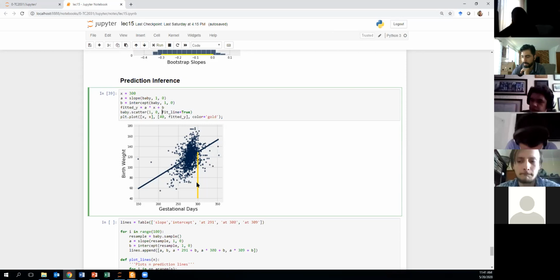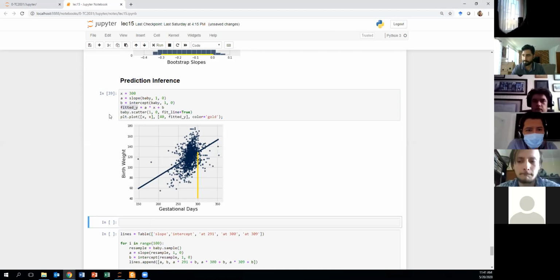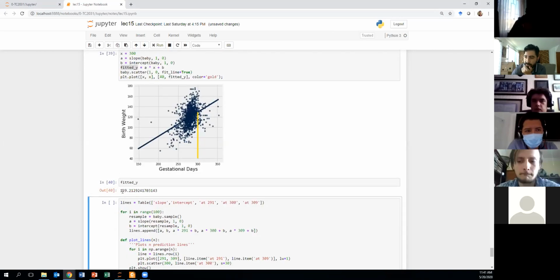So this golden line, what I'm trying to say here is that I'm going to look at this point for gestational days 300. What would be the birth weight? Based on this, the point that touches the regression line is around 130, right? Let me see. So it's 129.